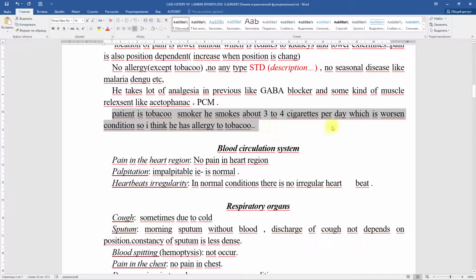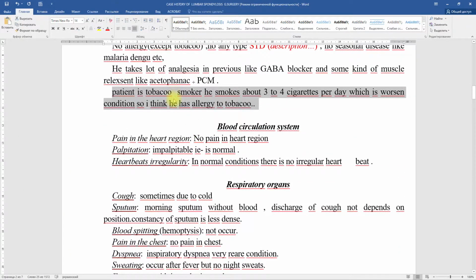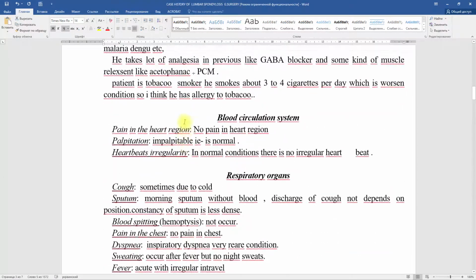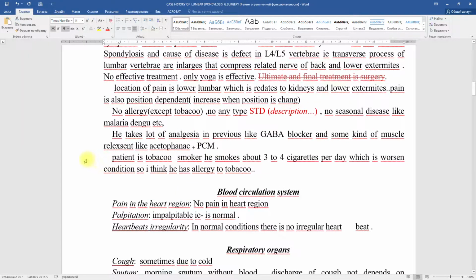Tobacco smoker, cigarettes, alcohol. This goes to this part, the anamnesis of life. His smoking doesn't have any direct relation to major complaints. Maybe this pain is slightly relieved by tobacco smoking.